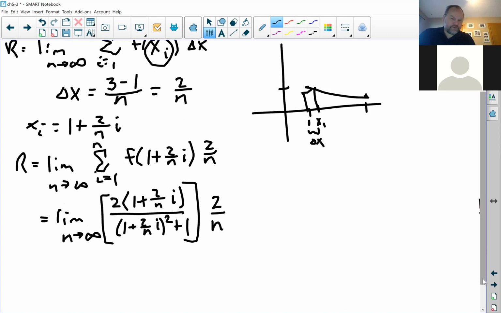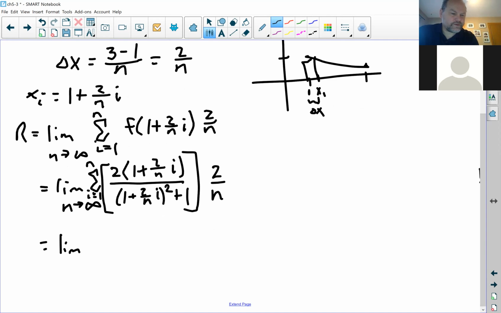You don't need to multiply out the denominator. You don't need to distribute the 2. You don't need to combine any terms. That would be fine. And one thing I forgot is my summation. There we go. Let me rewrite it.